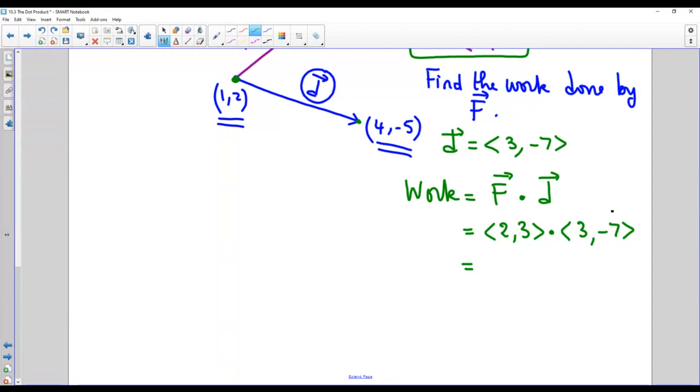So it's 2 times 3, and then plus 3 times minus 7. And you get minus 15 as the work done. Great.